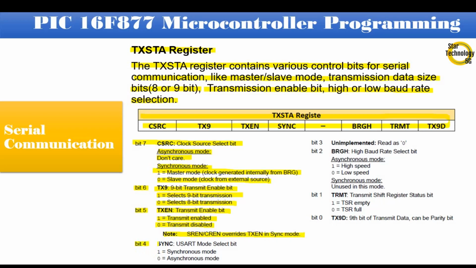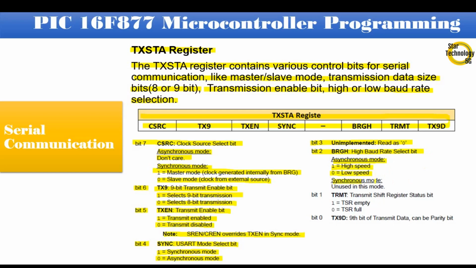Bit 4 SYNC, USART mode select bit. 1 equals synchronous mode. 0 equals asynchronous mode. Bit 3 unimplemented, read as 0. Bit 2 BRGH, high baud rate select bit. Asynchronous mode: 1 equals high speed, 0 equals low speed.